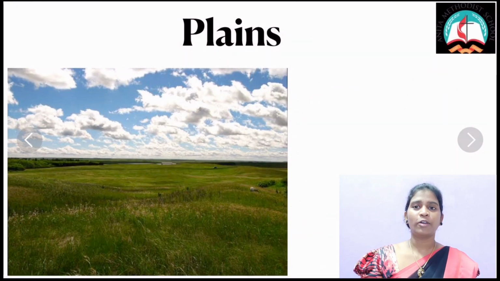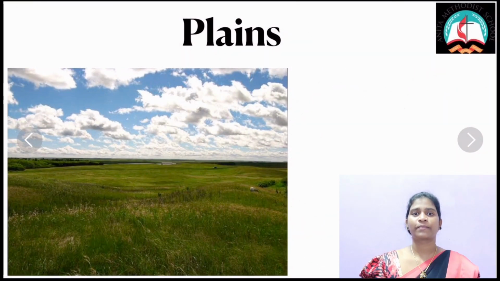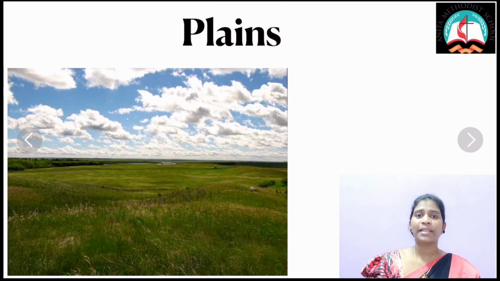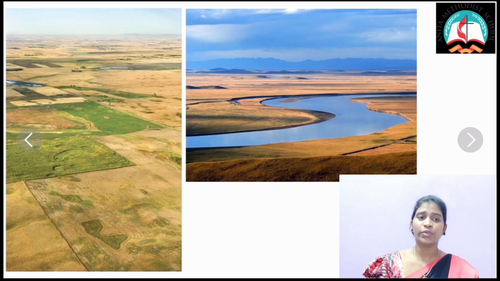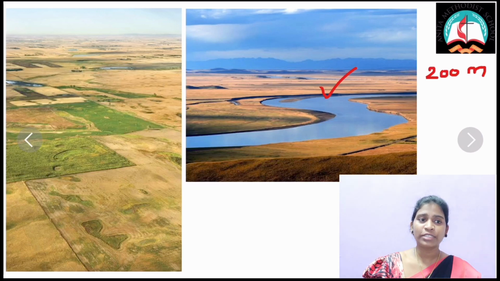Now we are going to learn about plains. These plains are flat and relatively low-lying lands which are less than 200 meters above the sea level. These plains are formed by the rivers and their tributaries and distributaries. These plains are used extensively for agriculture due to the availability of water and fertility.